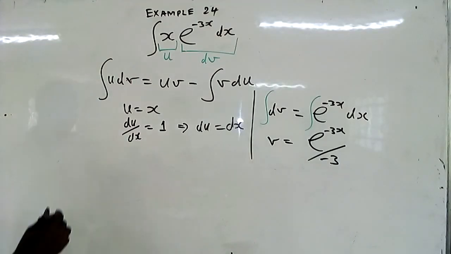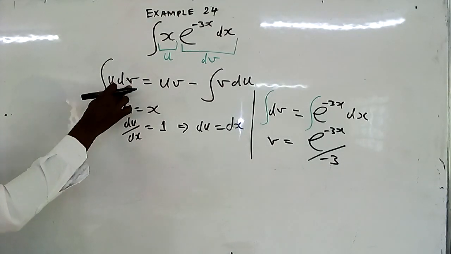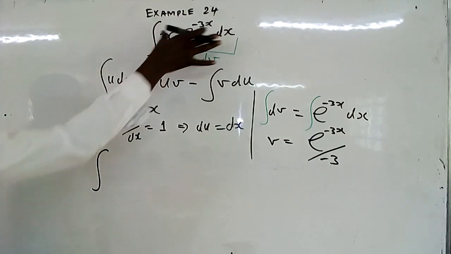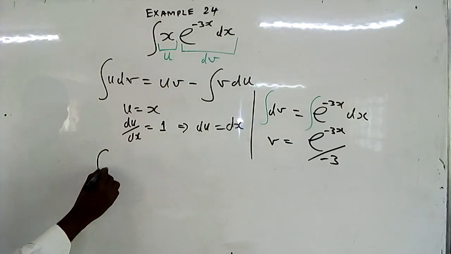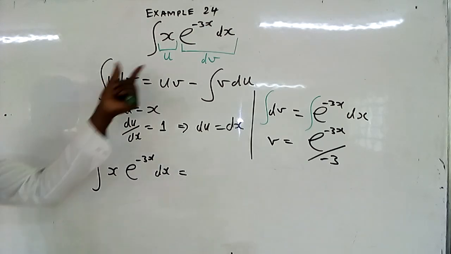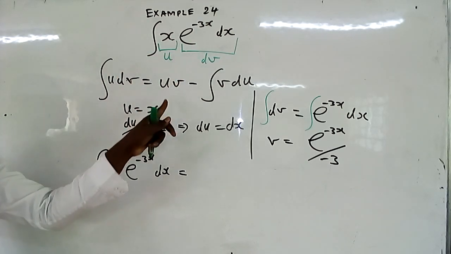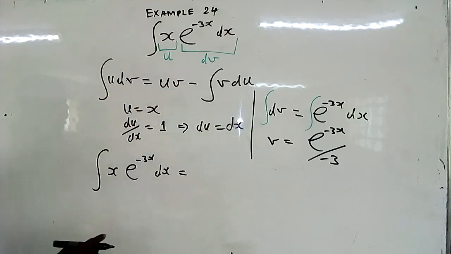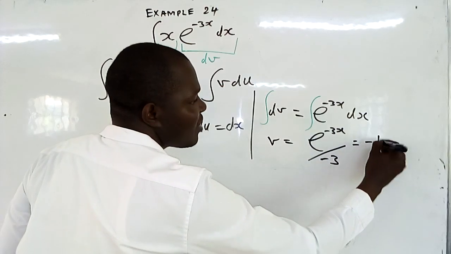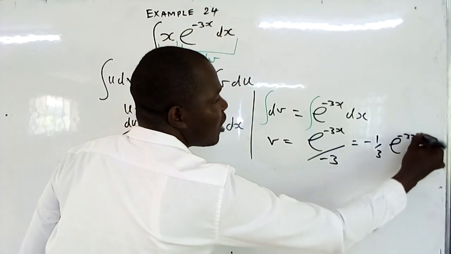So now can you start substituting? What is u dv? u dv is the original problem, x exponential negative 3x dx. It is equal to uv. So can you multiply u times v? If you simplify, v is negative 1 over 3 exponential negative 3x.